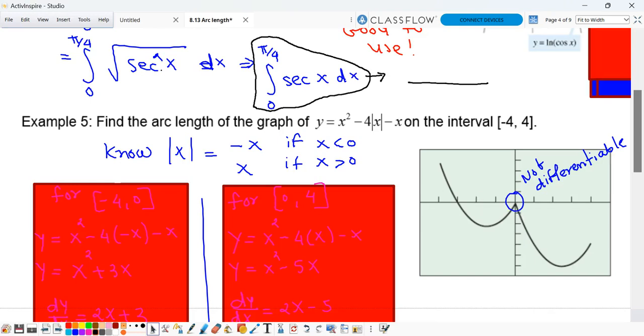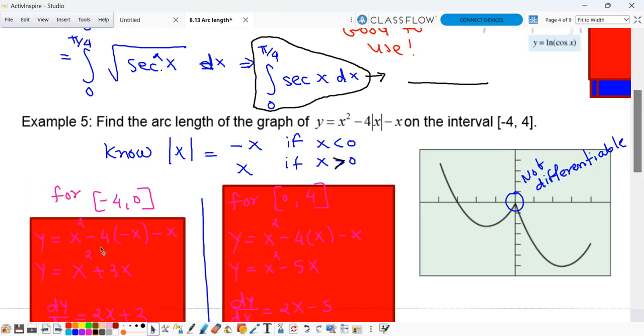From the graph, you can clearly see that. Now you have to have some idea about this absolute value function. You should know what absolute value of x is. It is negative on one side and positive when x is positive. So you get the idea that we have to split this into two.